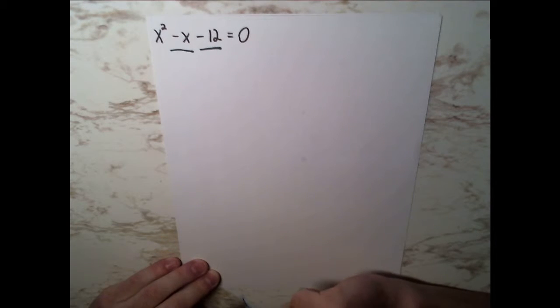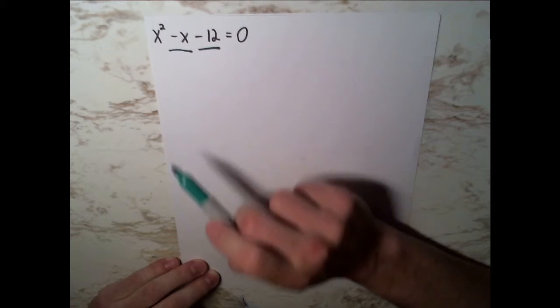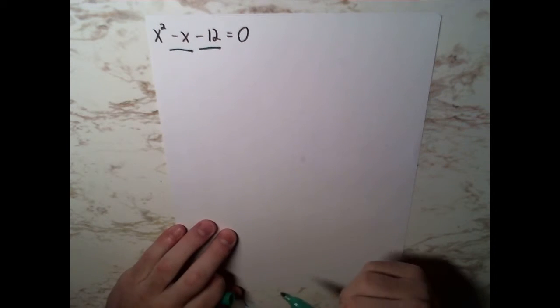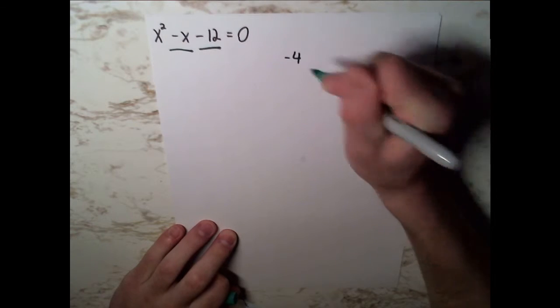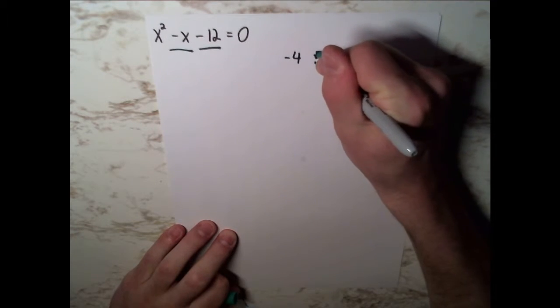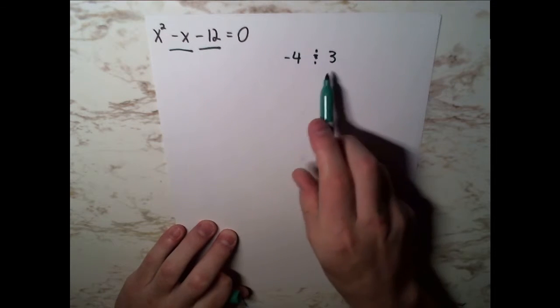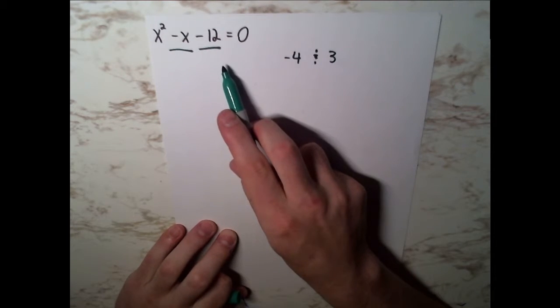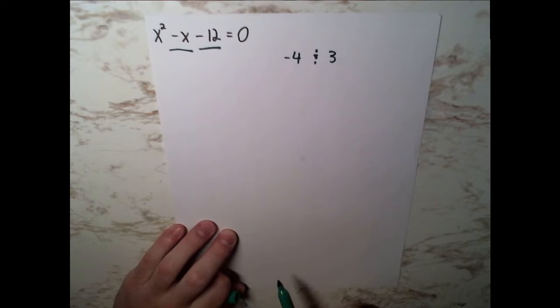I'm going to do a video on factoring, covering it in more detail, but if you look at this and think about it for long enough, those two numbers are going to be negative 4 and positive 3, because negative 4 times positive 3 gives us negative 12. Negative 4 plus positive 3 is negative 1.